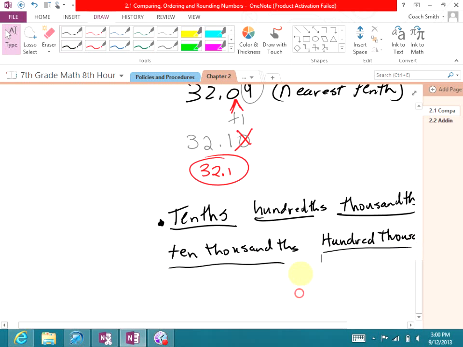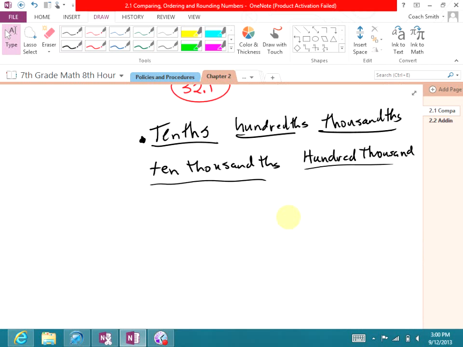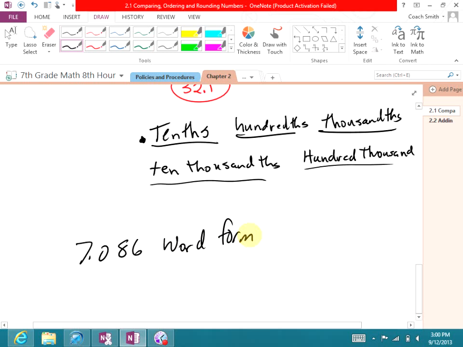Okay, so remember that. So some of these you're going to have to round it. Okay, so for example, if I wrote the number 7.0086, okay, and they wanted me to write that in word form. Okay, well, that written in word form is 7 and 86.